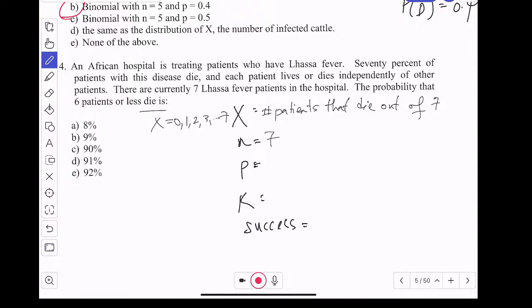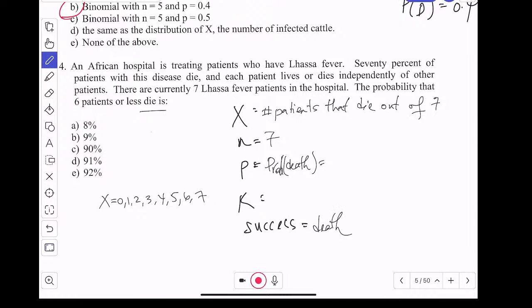Well, actually, I want to write them all down. Let me do that again. The probability that someone dies, and unfortunately success is death.